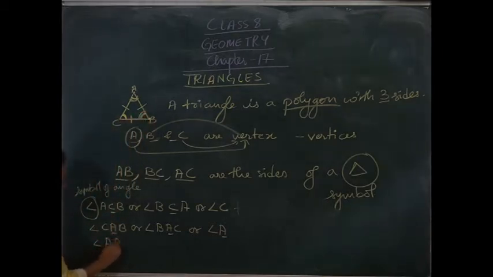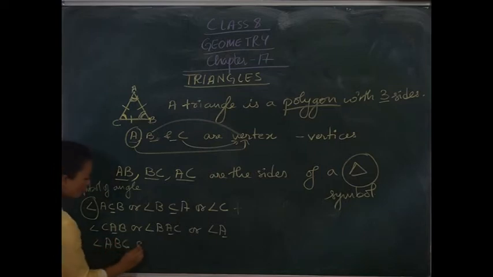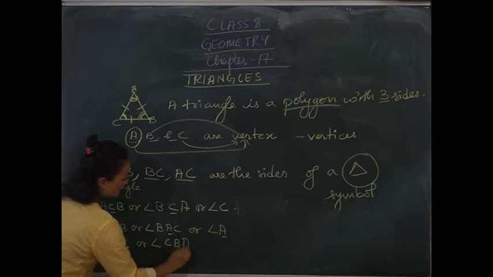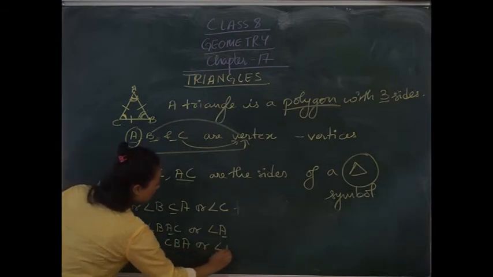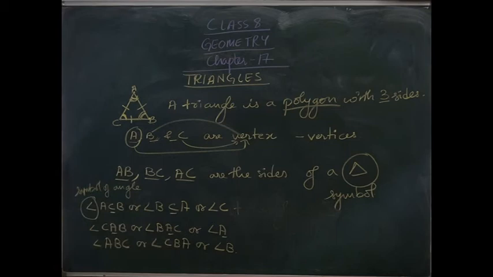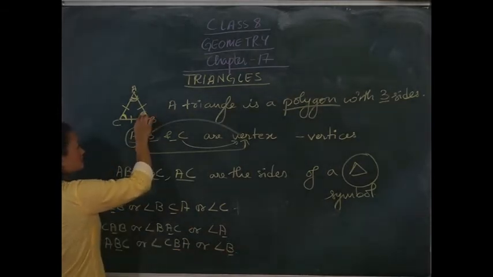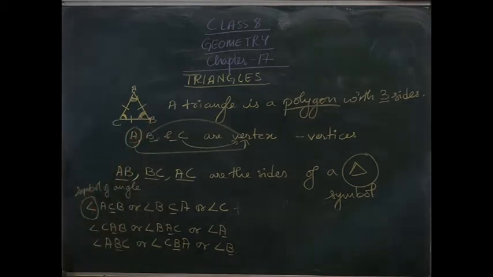Angle ABC or angle CBA or angle B. So these are the different ways of naming an angle. But always remember that the vertex has to be in between.